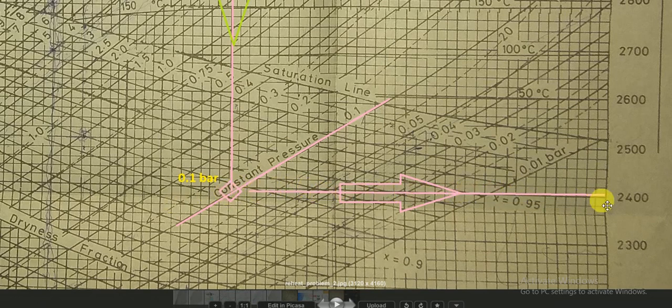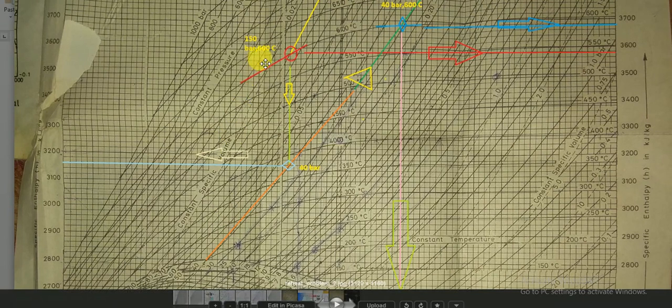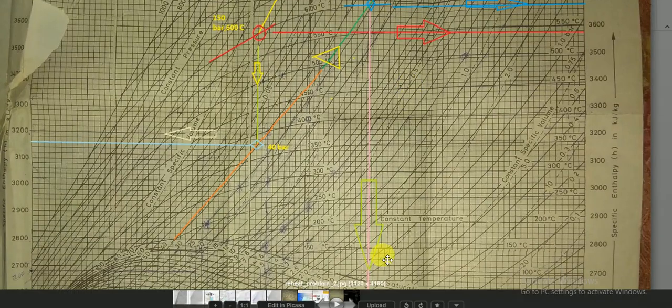When you move along a straight line, you note down the final value, that is H6. H6 is 2400. So we have noted down the values of H3, H4, H5, H6.